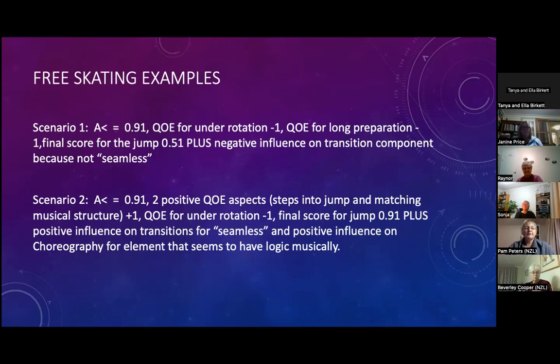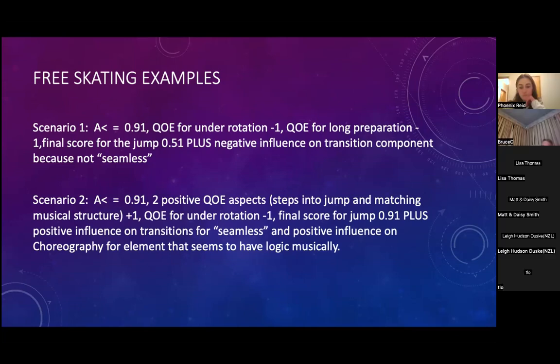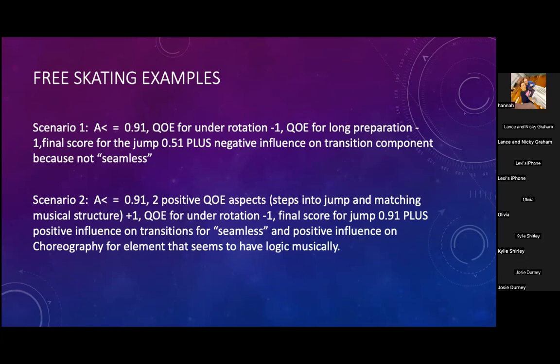Scenario 2, the same result for the axel, it's still an axel under. However, because the skater did a few steps and body movements, and they didn't have to be complicated, they get a positive aspect, or a positive bullet, for that. And because they did the jump in a way that matched the musical structure of the program, they also get a positive bullet. So 2 positive aspects is a +1 as a starting point on your QoEs.